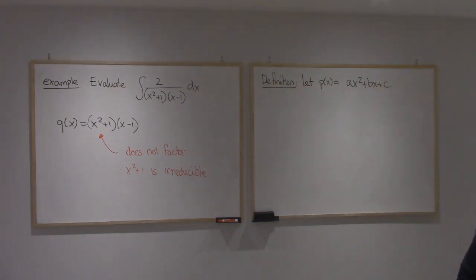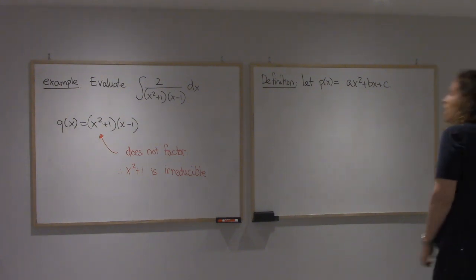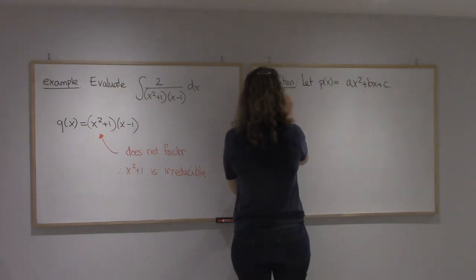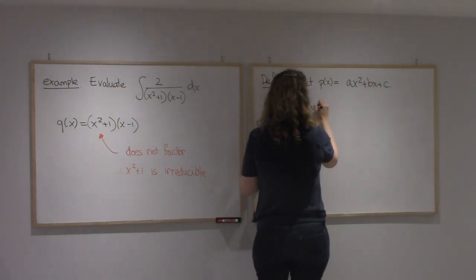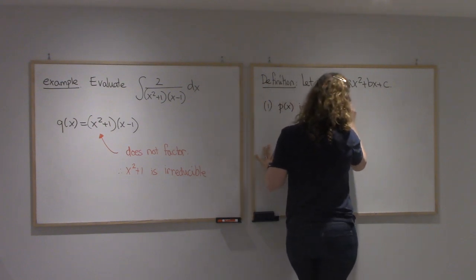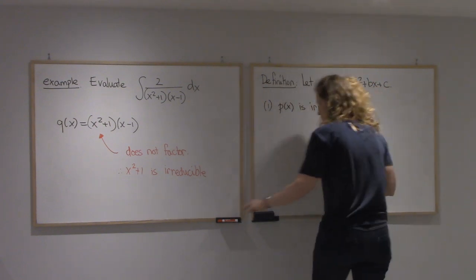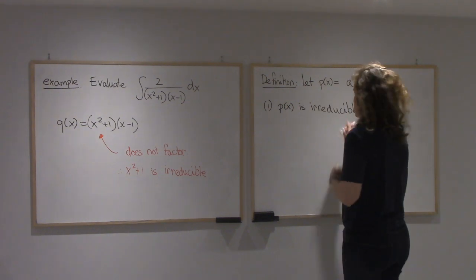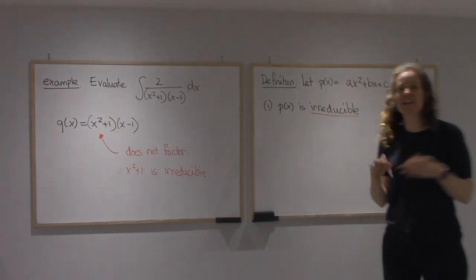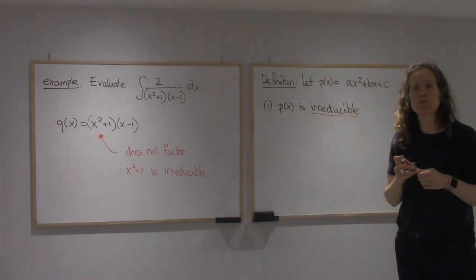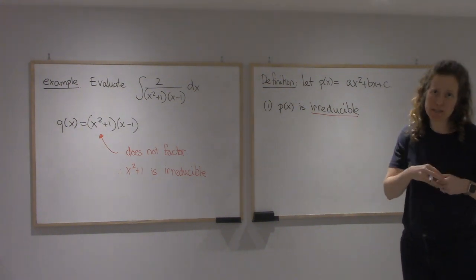So some quadratic polynomial. First, I'll say that p of x is irreducible if I can't factor it in linear terms, but there's going to be an easier way to say this.